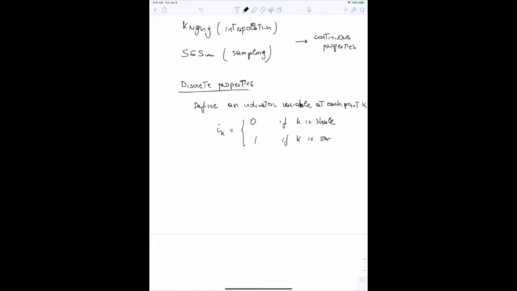Let me show you a more concrete example. So let's assume that we only have two properties. We're going to work with rock types or facies, and we assume that we only have sand and shale.